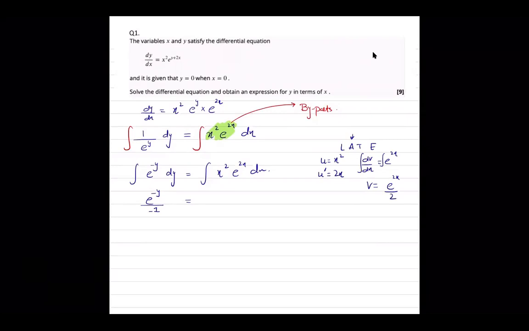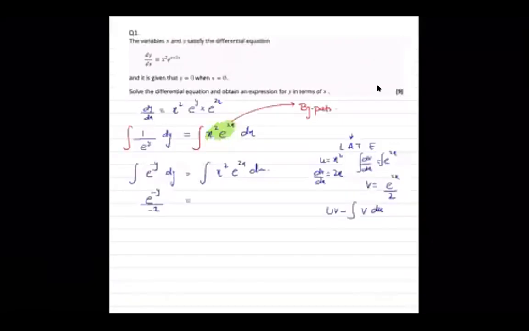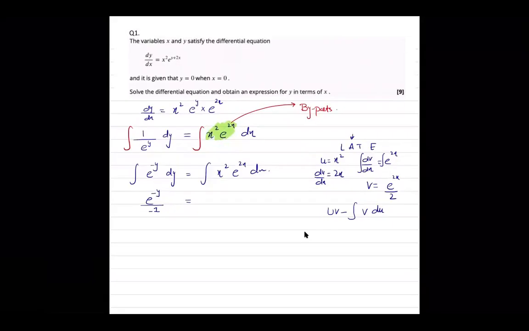By parts is uv minus the integral of v du. u prime is du by dx, so du can be replaced with 2x dx.